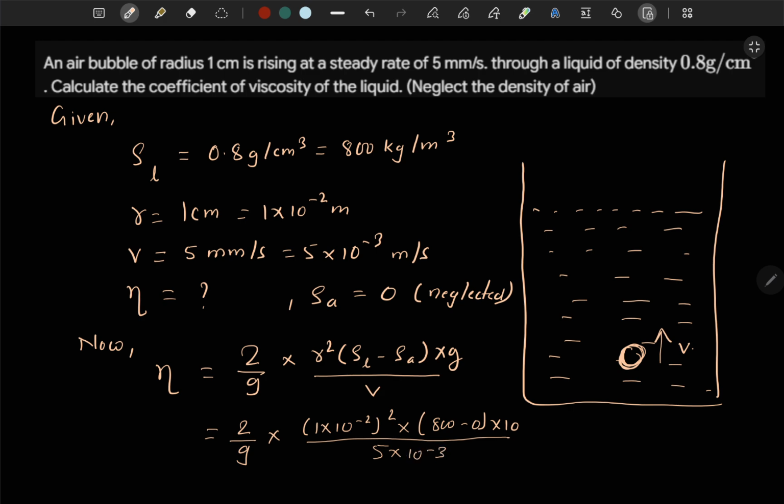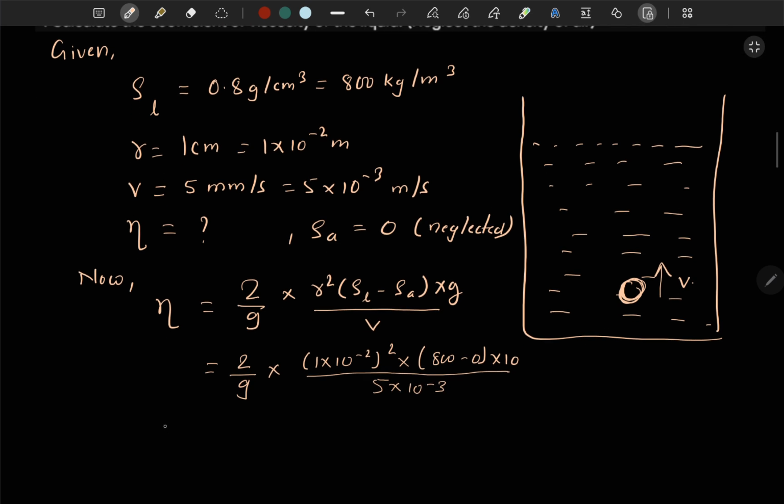So putting all these values and calculating, we finally get the coefficient of viscosity as 35.56 Newton second per meter square. This is the coefficient of viscosity of the liquid in which the air bubble is rising upward.